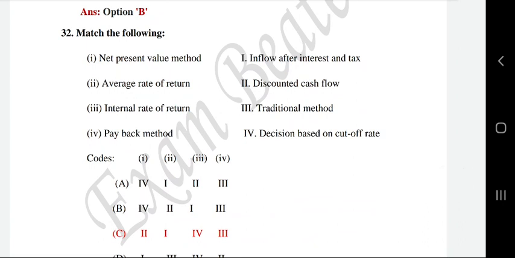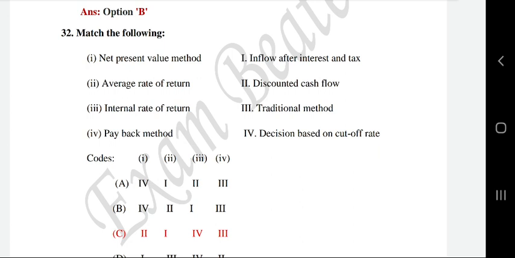Net present value method, average rate of return, internal rate of return, payback method. The other side: inflow after interest and tax, discounted cash flow, traditional method, decision based on cutoff rate. Here C is the answer, 2, 1, 4, 3.